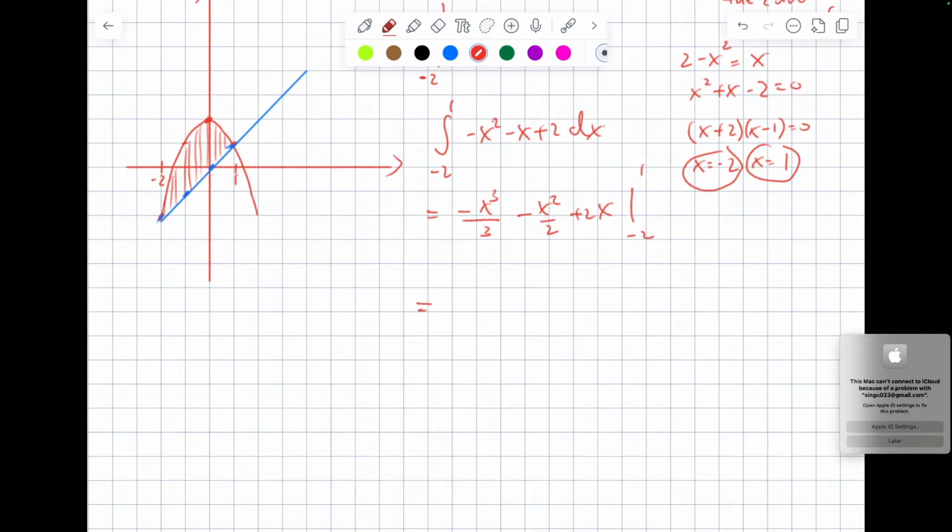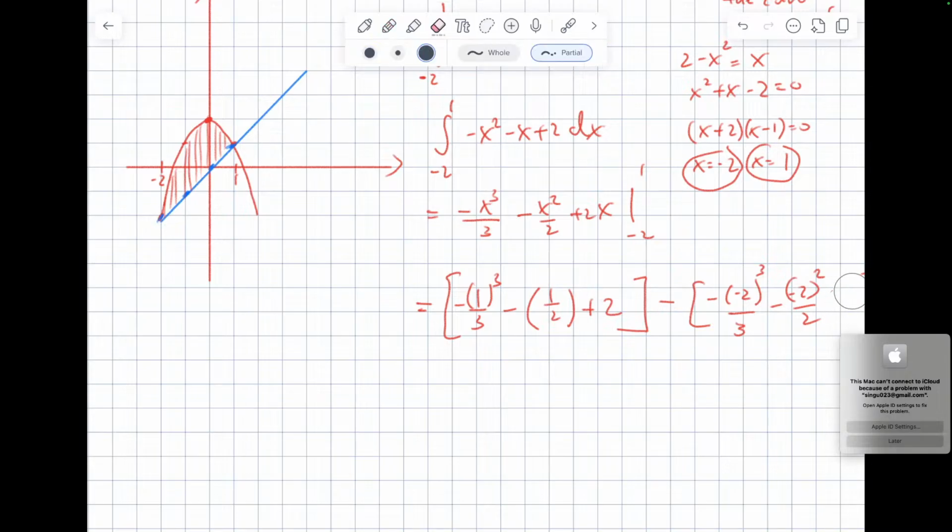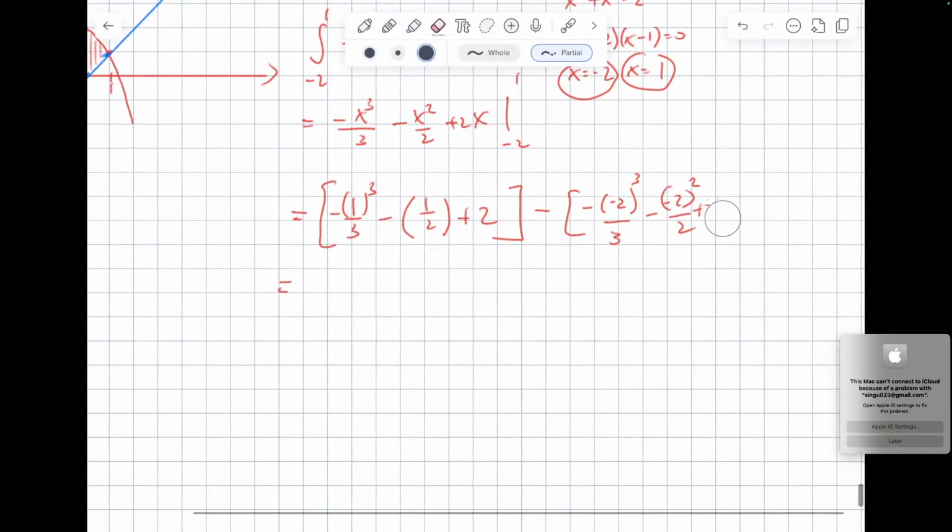Okay, that's equal to -1/3 minus 1/2 plus 2, and minus -2 cubed, minus -2 squared over 2, plus 2 times -2. Now what I will do is simplify this a particular way because I have the same denominator.